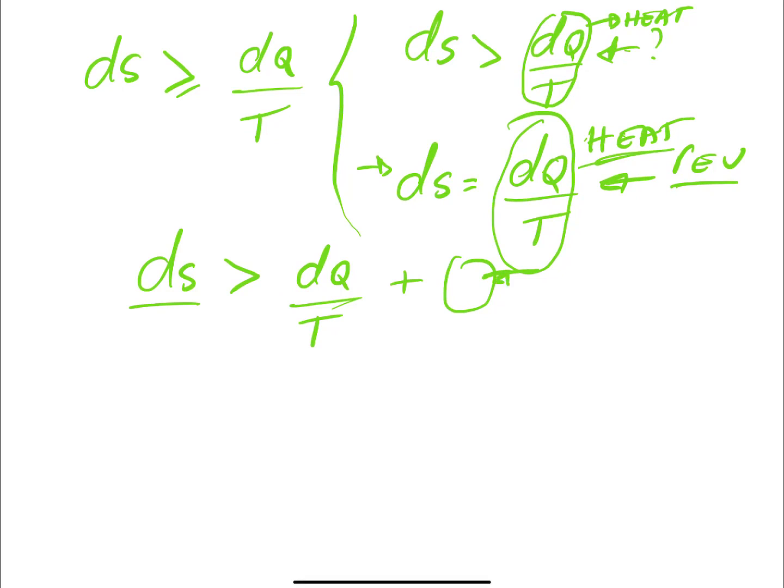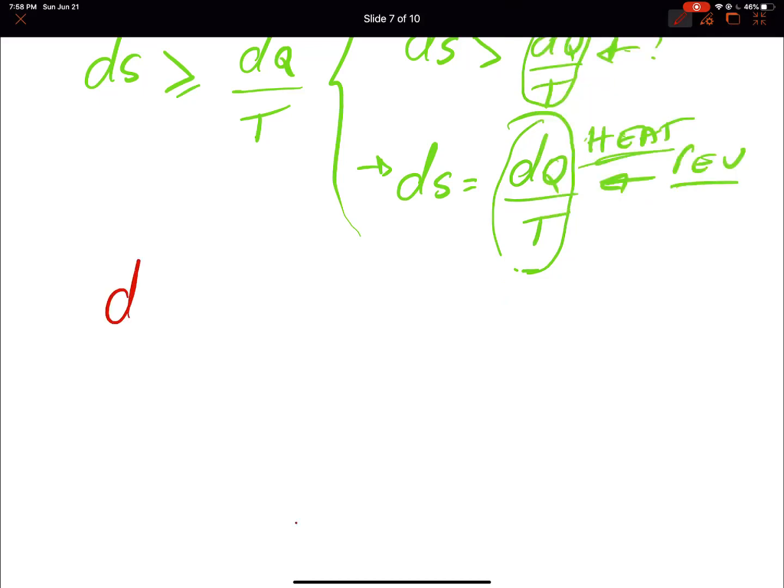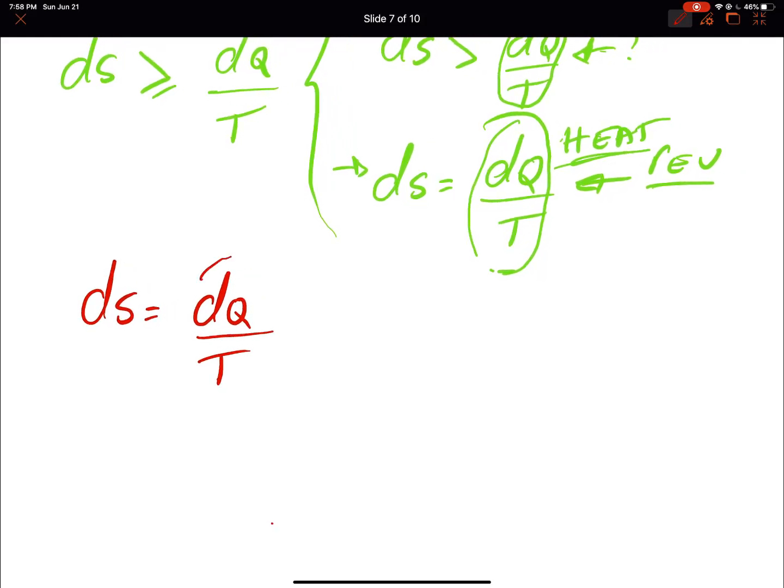So if I rewrite this equation, let me delete this equation for a little bit, and I'm just going to rewrite the equation as this. dS is equal to dQ over T. Again, this is due to the heat exchange.